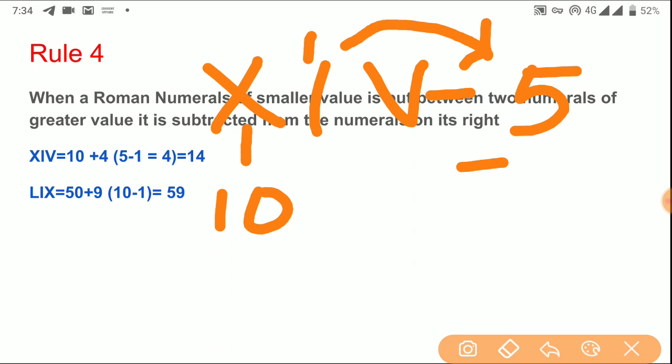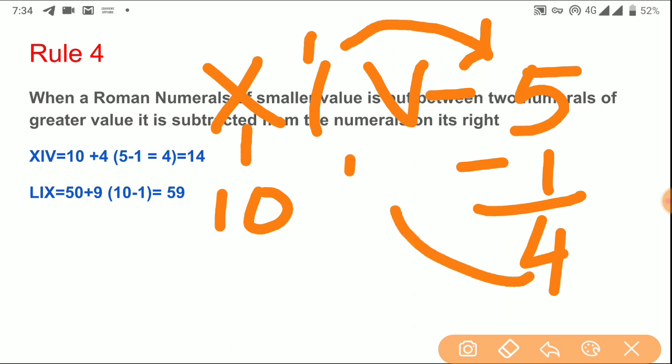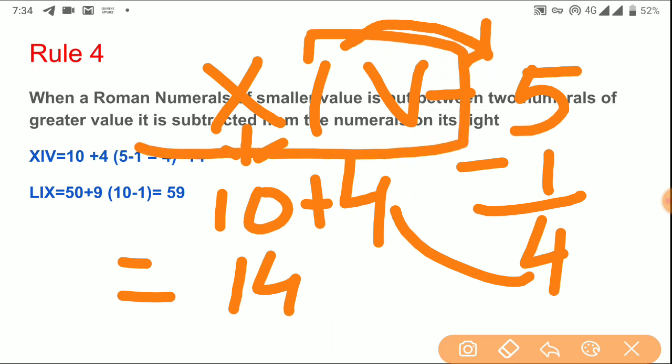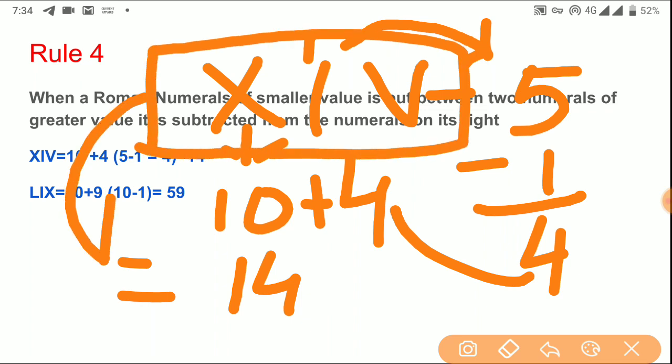So the middle numeral's value is what? 1. It will be subtracted. After subtraction, what are we getting? We are getting 4. It will be added to this first numeral's value and it is what? 14. So XIV, its actual value will be 14.